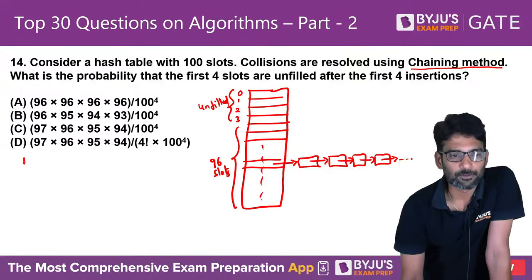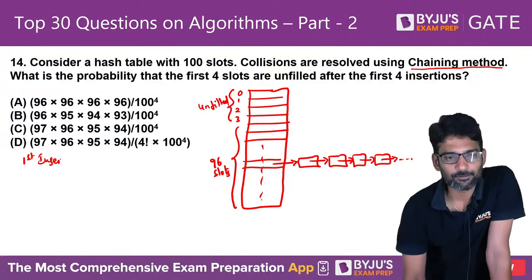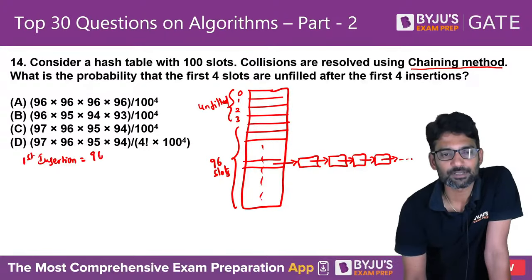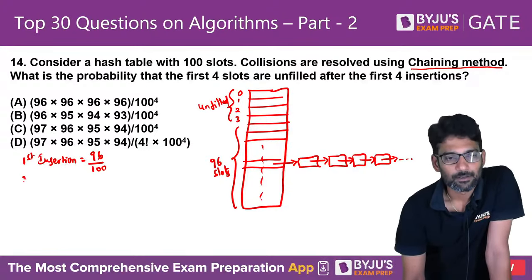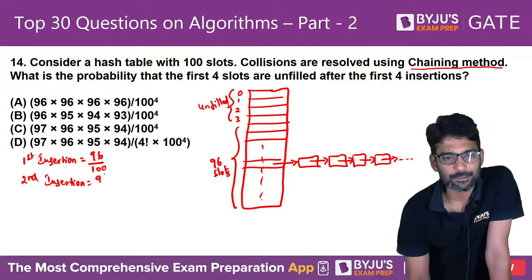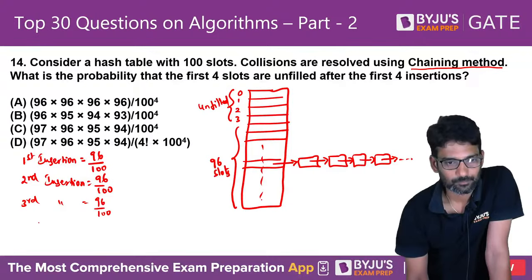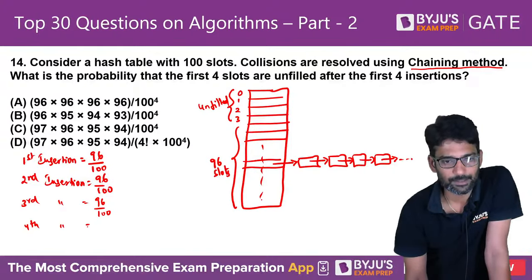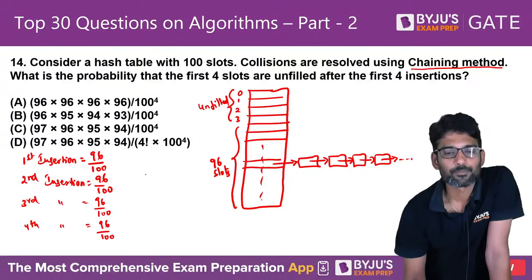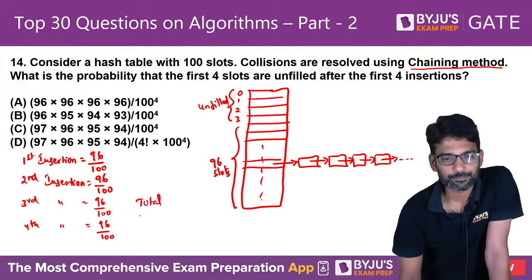So for the first insertion you have how many free slots? Possibilities 96. Even for the second insertion also 96. Third, fourth also 96. So what is the total probability? So total probability would be 96 into 96 into 96 into 96 divided by 100 to the power 4.